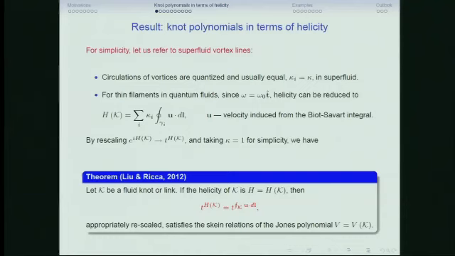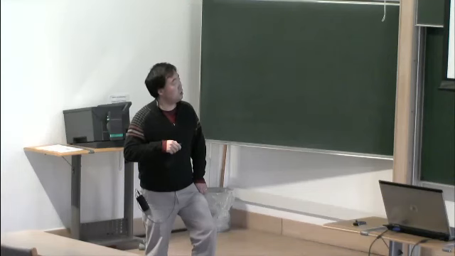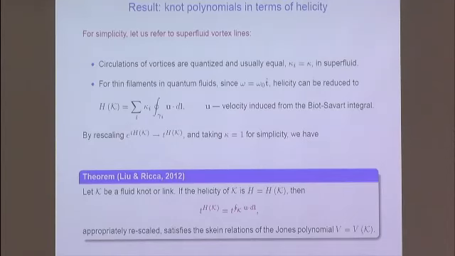Then, after some appropriate rescaling, we change the base e to the i something to t to the something. Here t is a formal parameter. By this scaling, and just for simplicity taking kappa to be 1, circulation to be 1, then we have this theorem. This theorem states that in the system we have a family of knots.